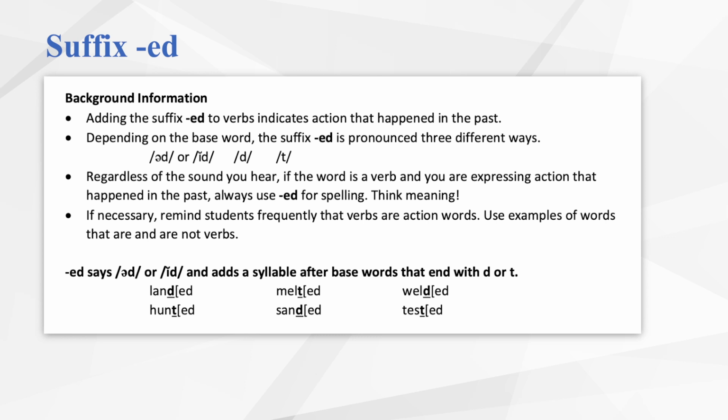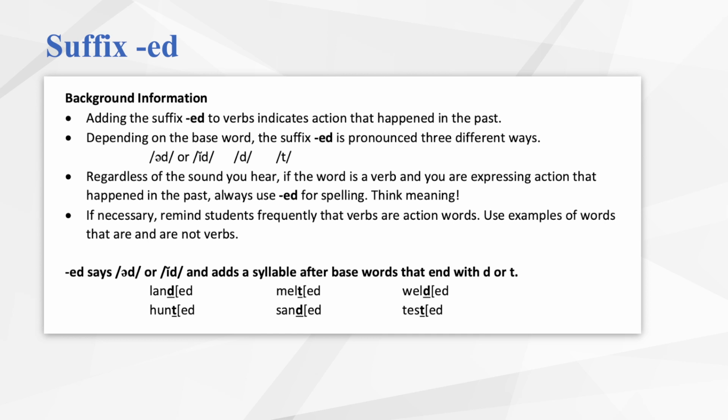If the base word ends in a letter D or a letter T, then the suffix ed will say id. Looking at the examples at the bottom of the page, we have land. Since it ends with the letter D, suffix ed will say id, so landed.